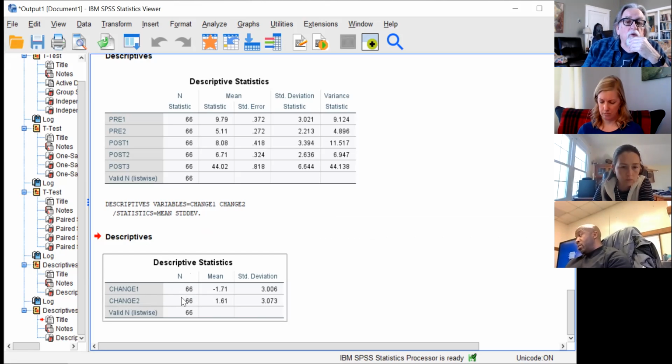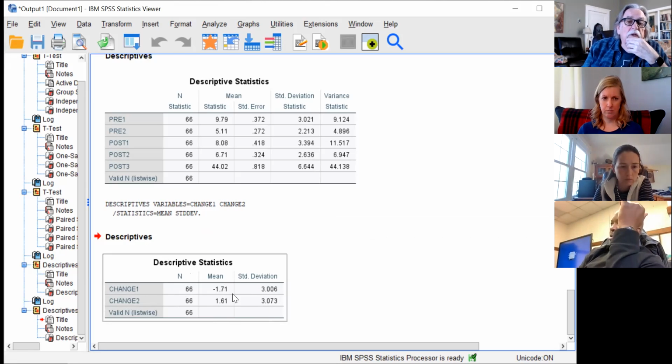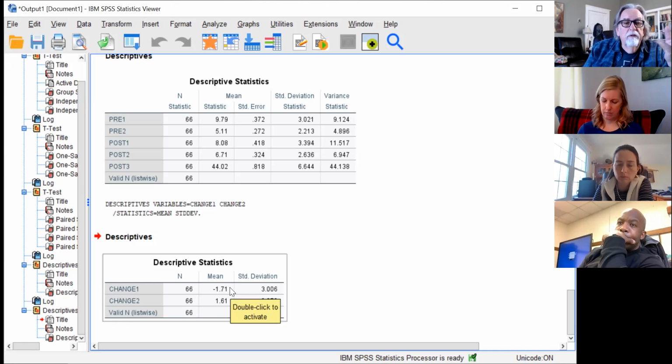And so for change 1, the mean is minus 1.71, standard deviation is 3.06, so plus or minus 6. So it's a minus 7.71 and a plus 4.71, right? Is that right? 4.29, whatever 6 is added on to a minus 1.71.